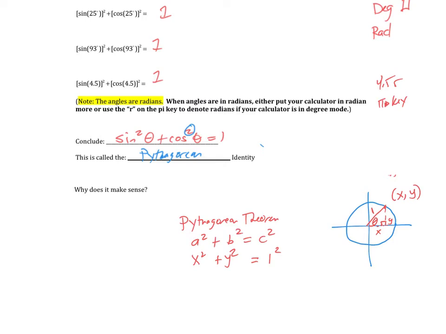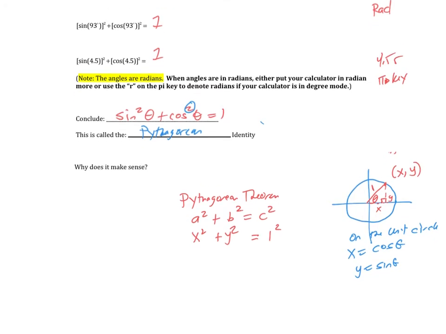But now we want to go ahead and put in what x and y are. So on the unit circle, we know that x is equal to cosine theta and y is equal to sine theta. And now we can substitute those values in for x and y.